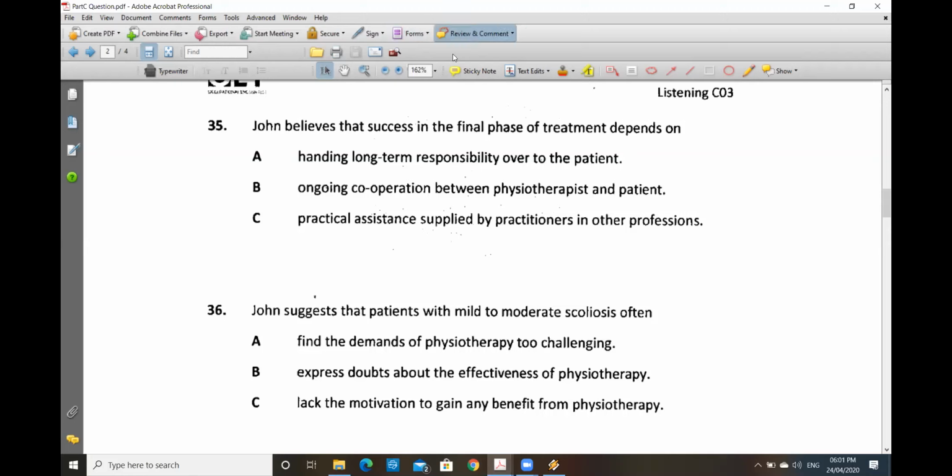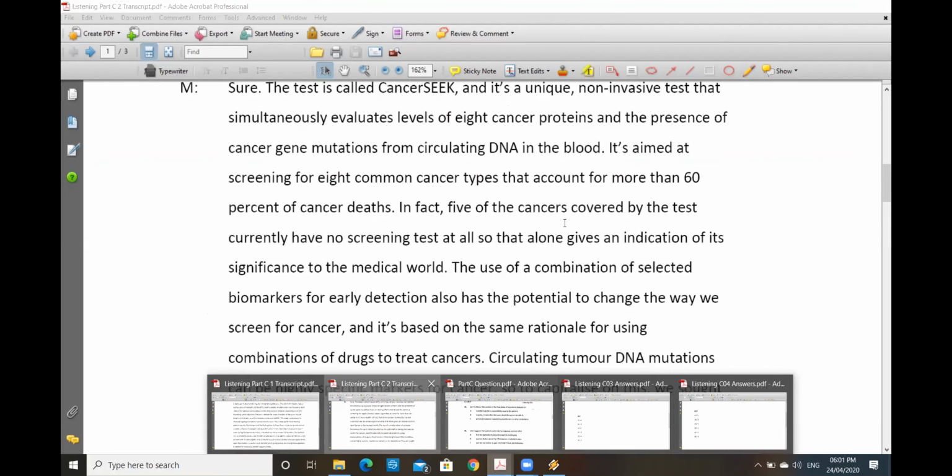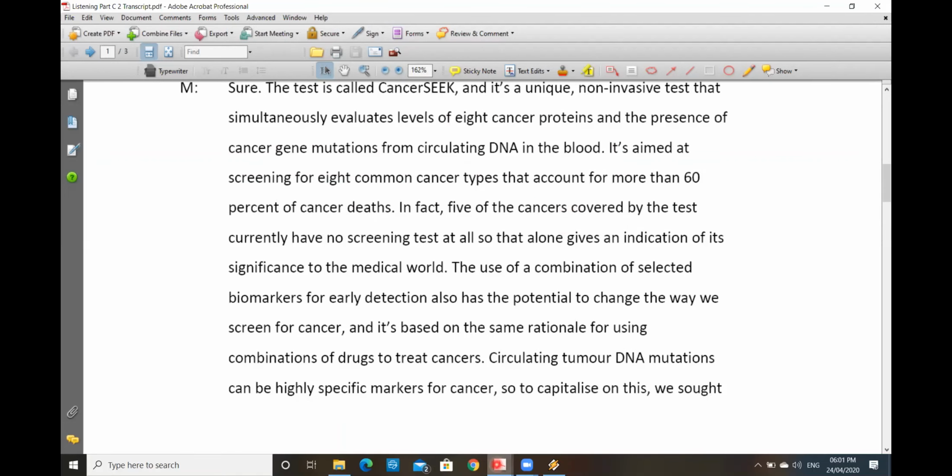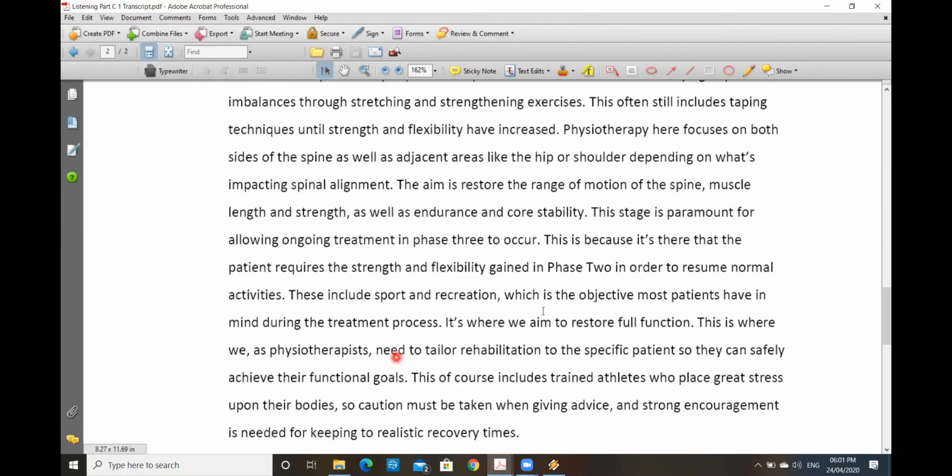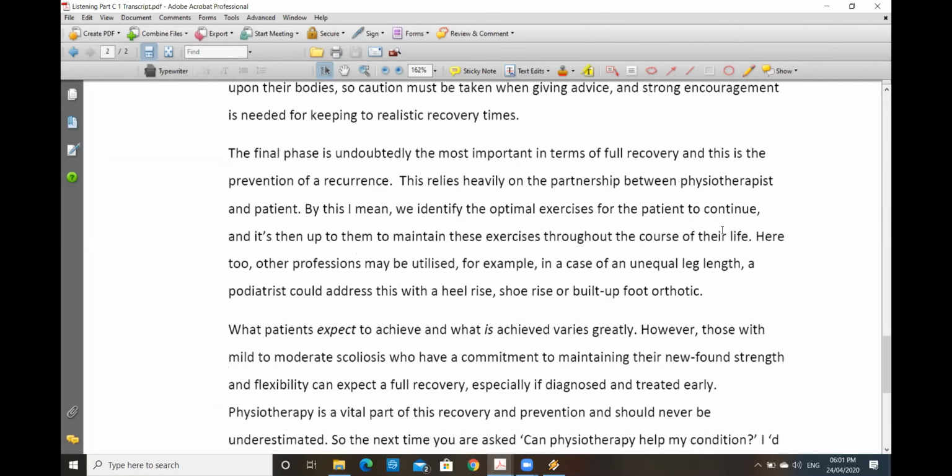Now 35, yeah. So here it says that you again did hear something about the assistance from other professions. You did hear something about cooperation, but if you see, the emphasis was that the physiotherapist develops a plan, but then he explained it is ultimately on the patient, the most important in terms of full recovery.